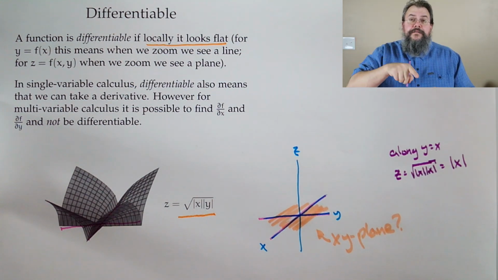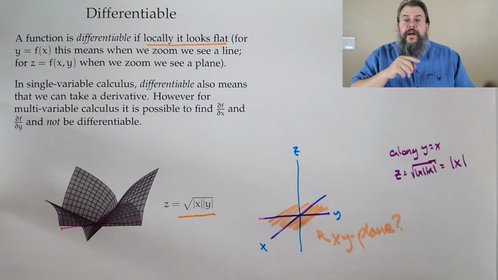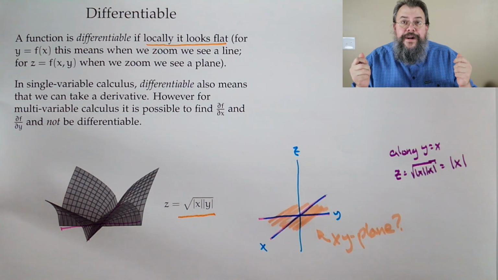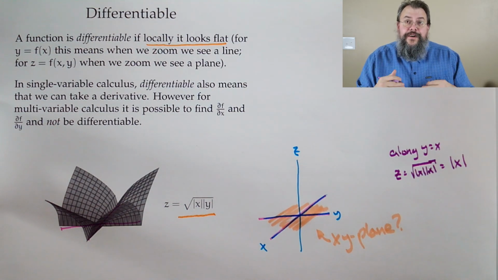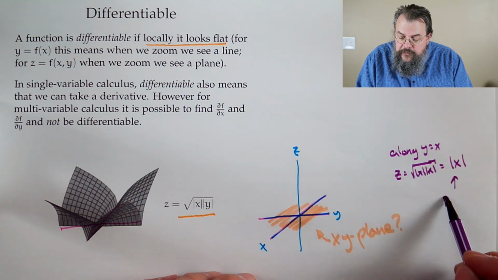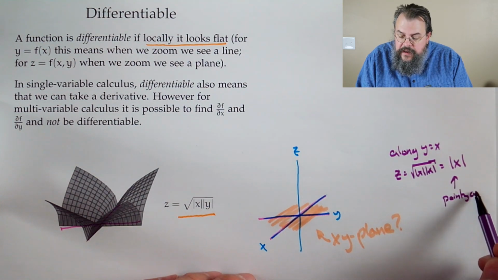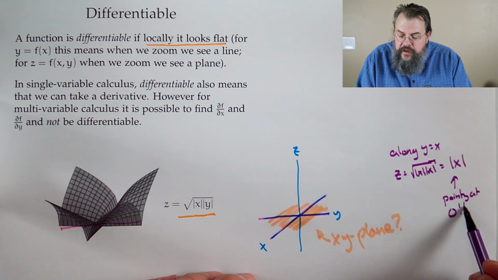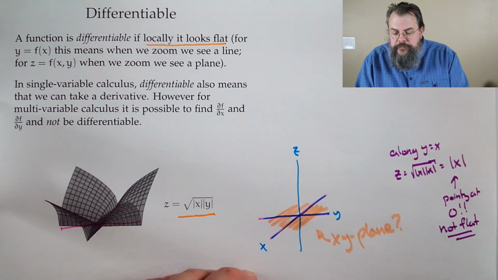In other words, it's a V. And the thing is, no matter how close you zoom in on a V, it's always going to look like a V. So this is a little bit pointy at 0 and can't be flat. So no matter how far you zoom in, it will never be flat.